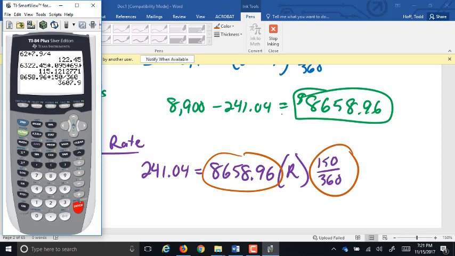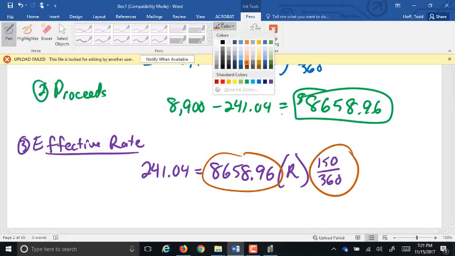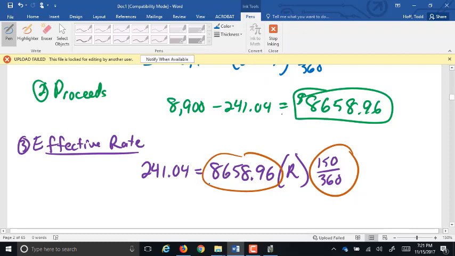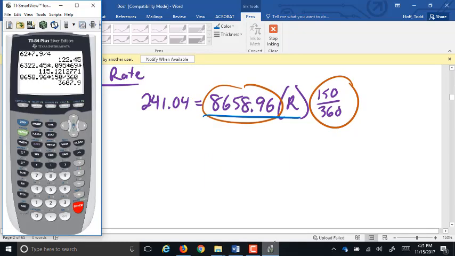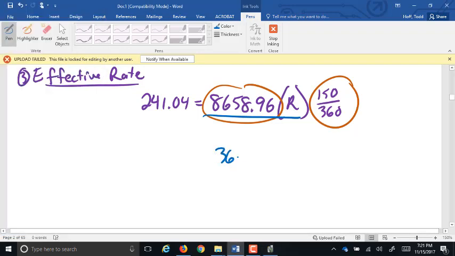Either way, it comes out actually fairly neat. I keep this in my calculator so I don't have to type it back in and deal with the roundup. So in the next step, I'm going to divide by, well, let me write that number in, 3607.9. So now I'm going to divide by that.